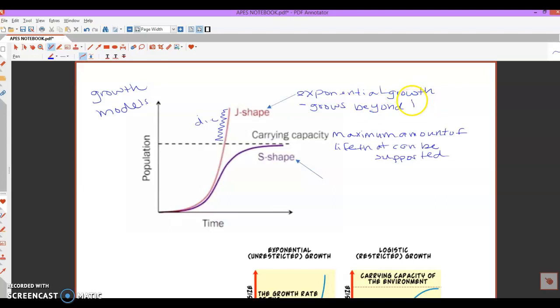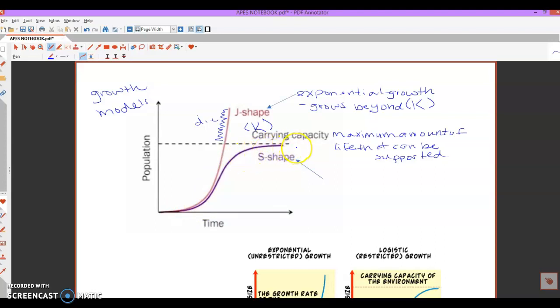Grows beyond K, all right? Carrying capacity is symbolized by a capital K. It's just easier to write K than carrying capacity. Now our S-shaped curve, you can see that it does start off slightly exponential, but then it starts to level off. And it never goes above the carrying capacity.